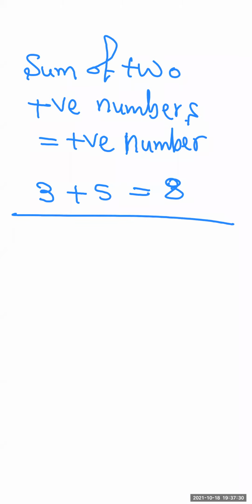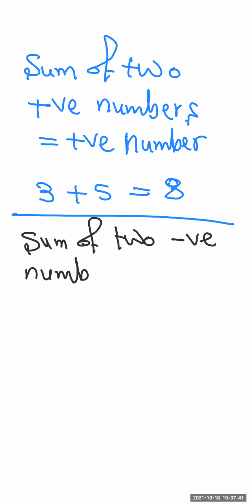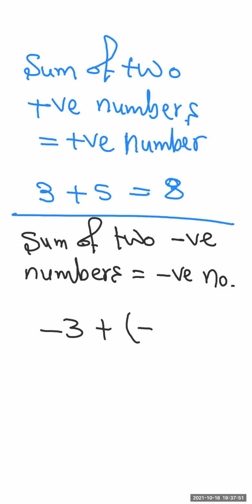The next one, sum of two negative numbers actually will equal a negative number. Like -3 plus -5, it will equal -8.